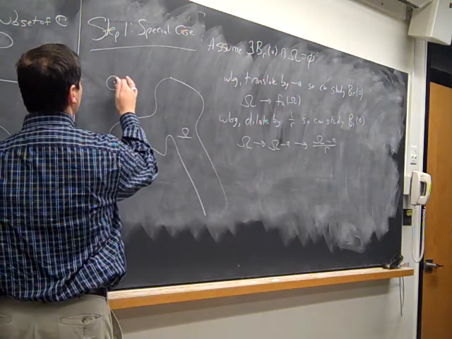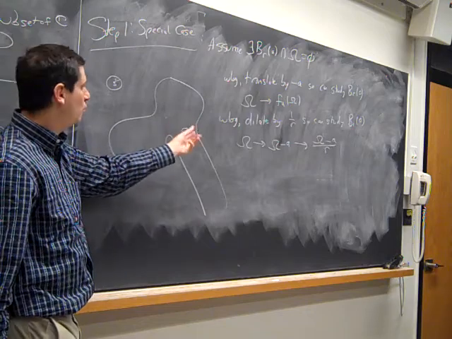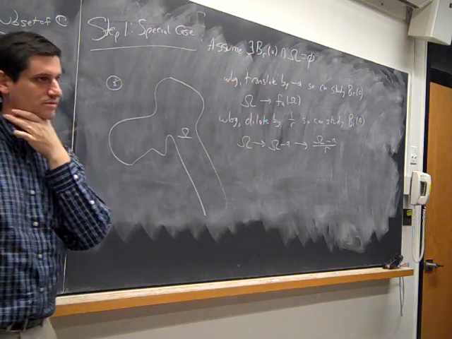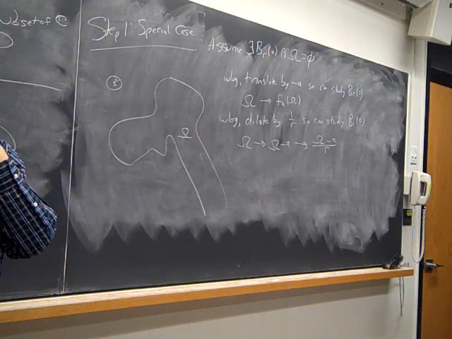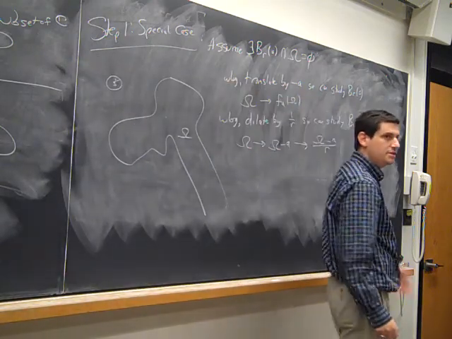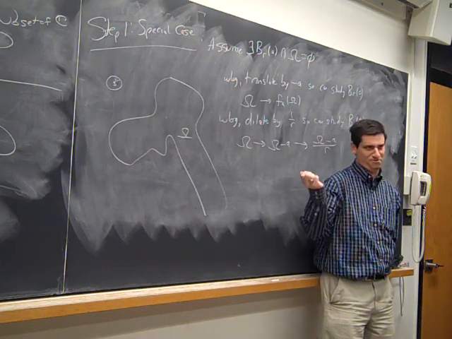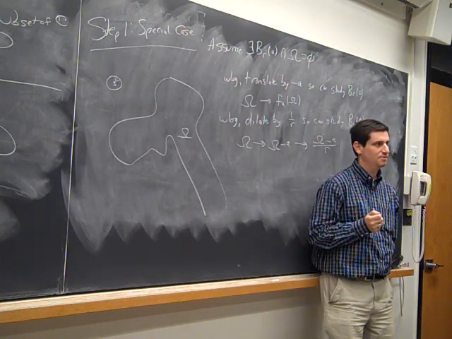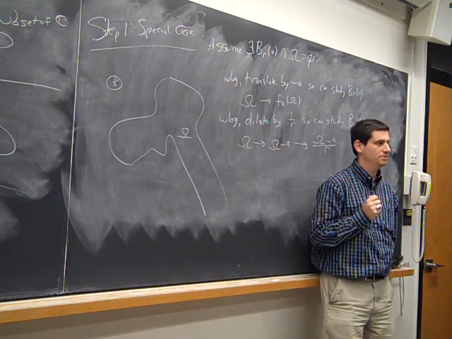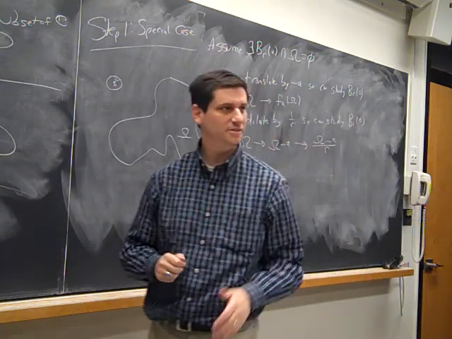So now we have a disk of radius 1, and we have the set omega. Can you think of a one-to-one map that will take the set omega into the disk? I want to somehow map omega into the disk. Holomorphically, of course. Where does omega live relative to the unit disk? On the outside. So how can I map outside to in?